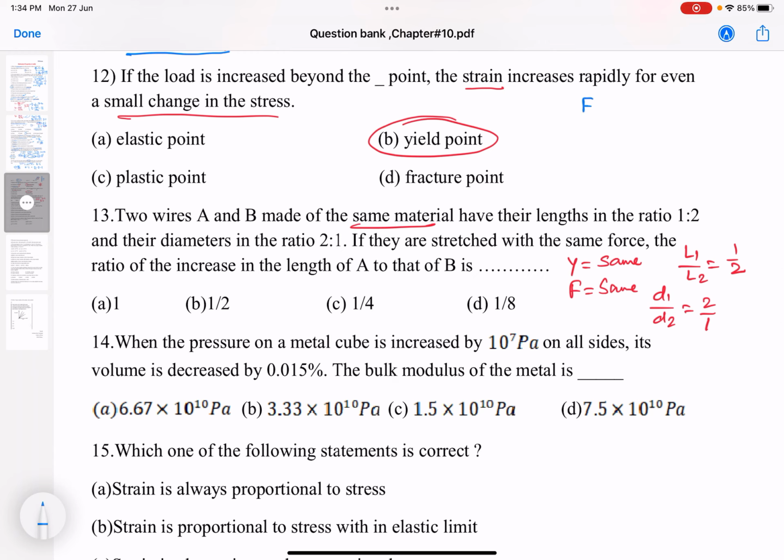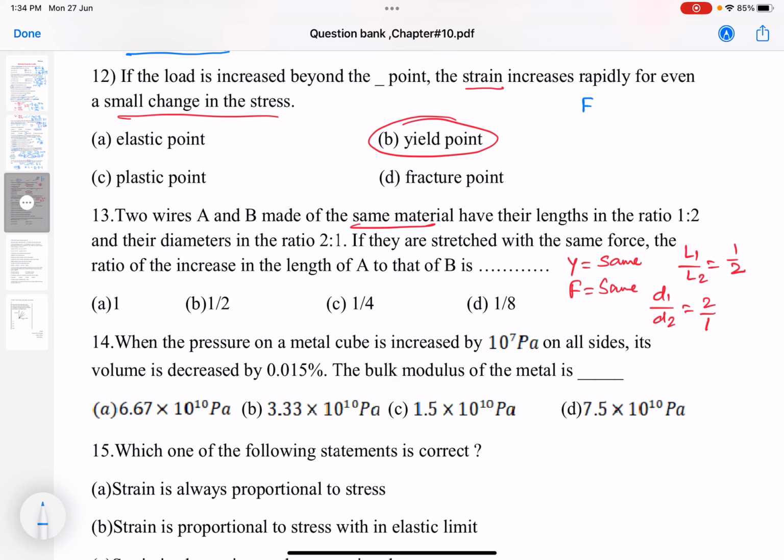So delta L is directly proportional to length, and delta L is inversely proportional to area. Therefore, delta L1 by delta L2 is directly proportional to length, that means L1 by L2, and inversely proportional to area, so I am writing A2 by A1.